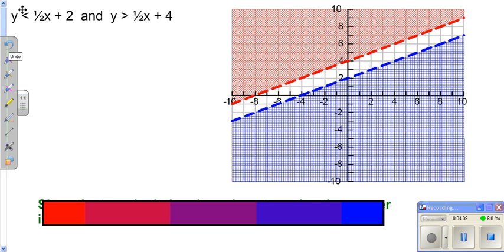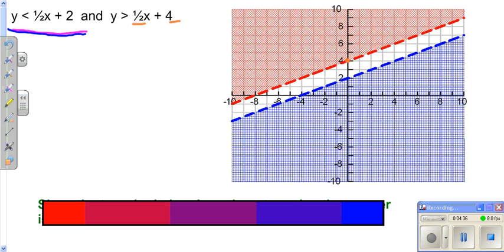So let's take a look at graphing this one here. When we graph this one here, we know we have a slope of 1/2, a y-intercept of 2. That's really our blue that we have over here. Y-intercept of 2, up 1 over 2, up 1 over 2. And it's less than, so you shade below. Then we go ahead and we look at this one here.